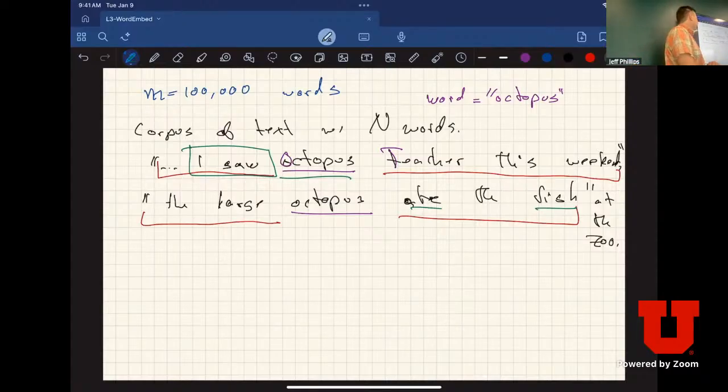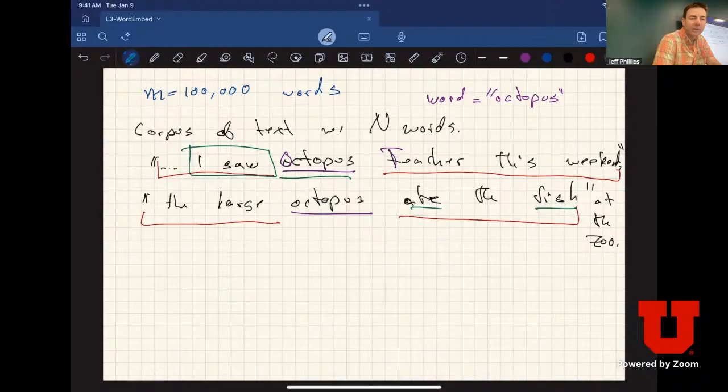Okay, so how do we represent now octopus as a vector from these words, but maybe it appears a whole bunch of times in the text? I want to keep some statistics on pairs of words.